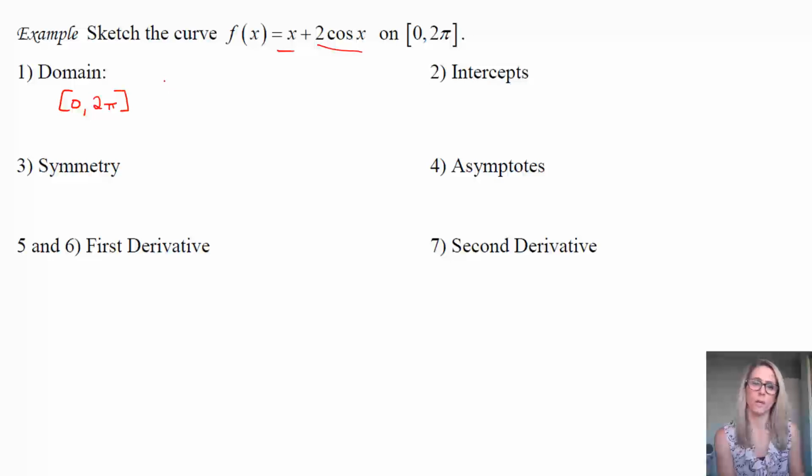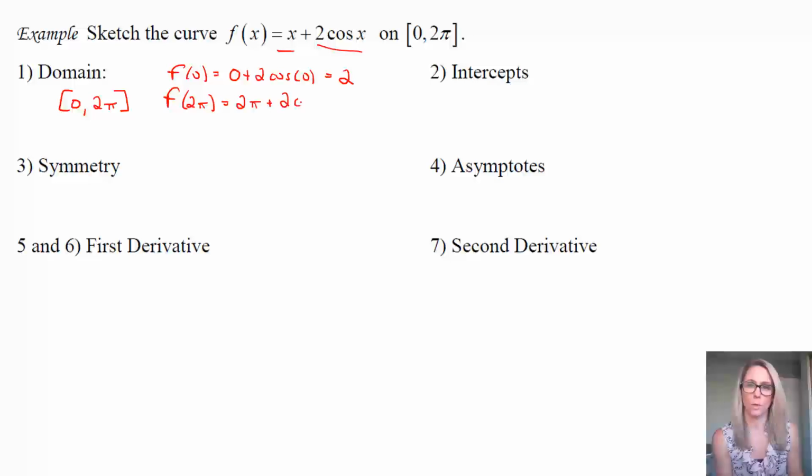What you can think about with that is that when we start from the left-hand side at 0, we would have 0 plus 2 cosine 0, and cosine 0 is 1, so we're going to get 2. We can also look at the endpoint, 2 pi. When we plug in 2 pi, we get 2 pi plus 2 cosine 2 pi.